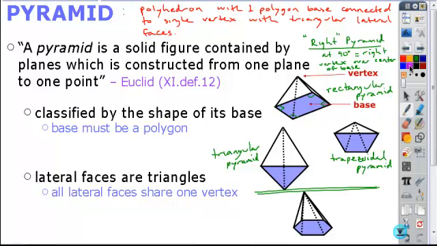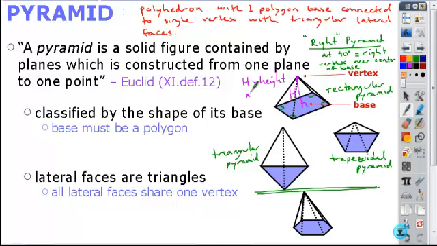Okay, now, when we move down here, these three examples are right solids, which means their vertex is lined up directly over the base. The distance from that vertex to the base is called the height. It's represented with a capital H. I'll usually distinguish the height of a solid as a capital H, and the height of a polygon, or the side of a polygon, with a lowercase h.